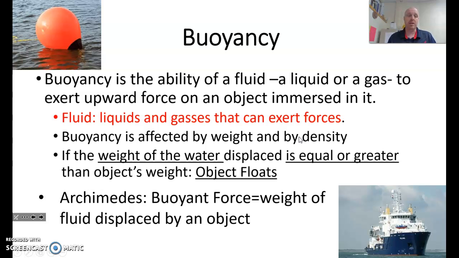Okay. Archimedes, great guy. We're going to do a lab, but Archimedes is a great guy who figured out the buoyant force with density. Buoyant force is the weight of fluid that is displaced by an object. The legend goes that he was tasked to find out whether or not the crown the king had been given was made out of gold or not. The king thought somebody cheated him.